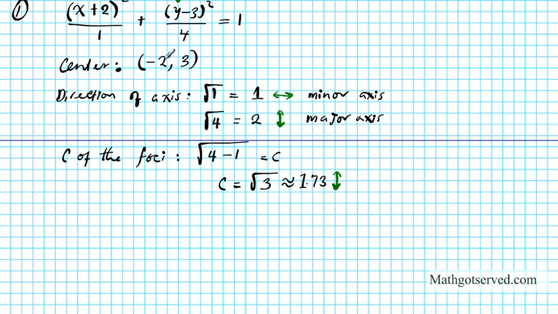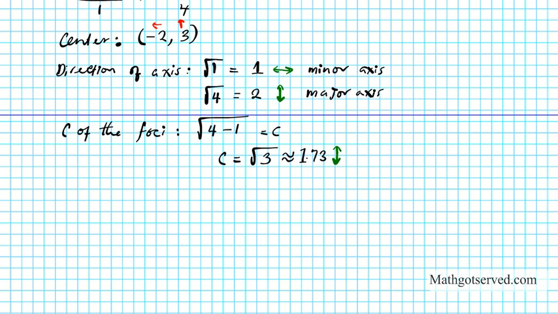Notice that the center requires you to move 2 units to the left and 3 units up. Okay, so it's going to be centered in quadrant 2. So we're going to make quadrant 2 sufficiently large to compensate for the graph. Okay, so make your x-axis somewhat low and shift your y-axis to the right so that we have a big quadrant 2.